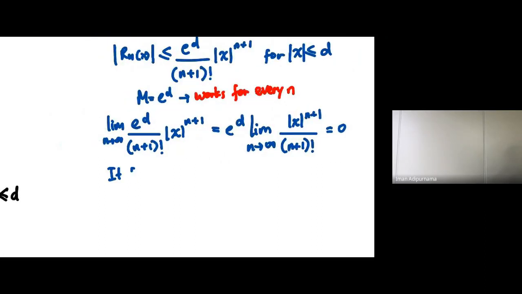And it follows that because we are limiting this part, it's 0, so the remainder is also 0.